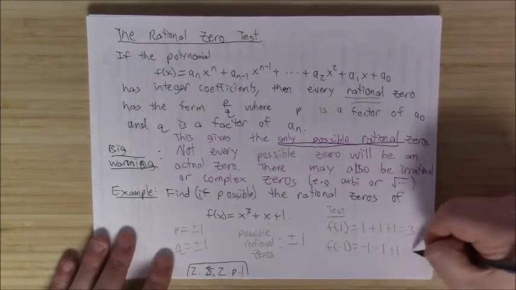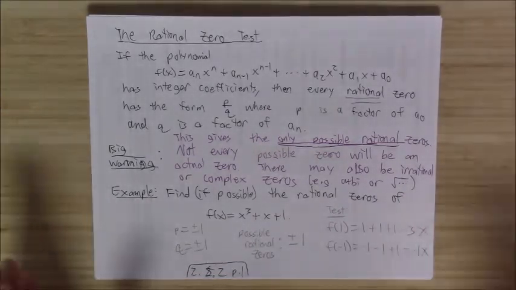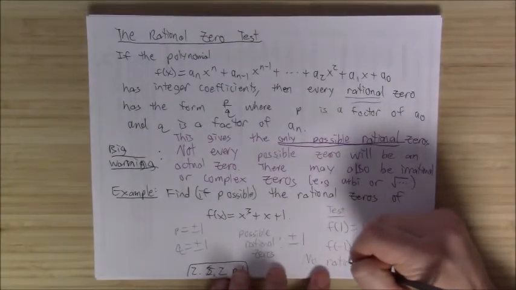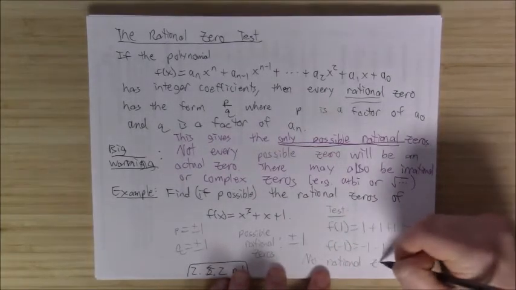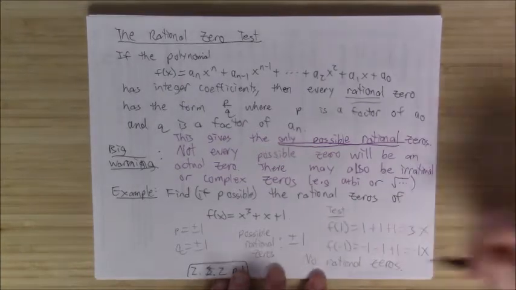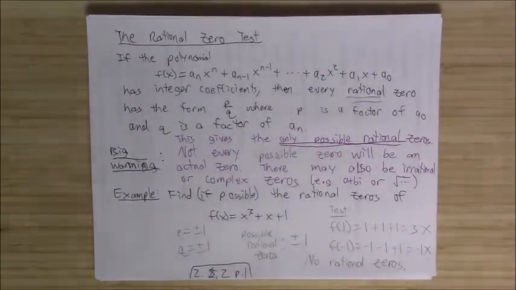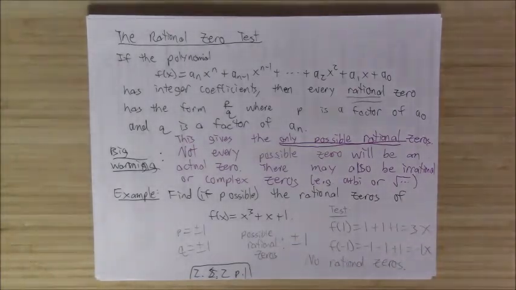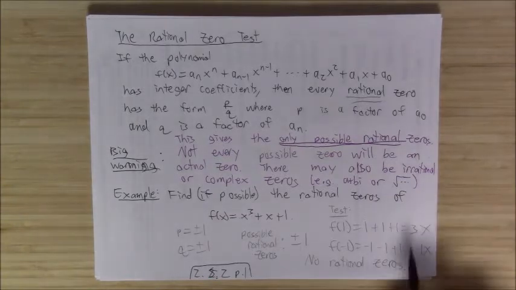That would give me -1, which is also not a zero. So actually, this has no rational zeros. However, by looking at the graph, and if you look in the book, it shows this. Looking at the graph, you see it does have a real zero, but it must be an irrational one, because we've shown it has no rational ones.